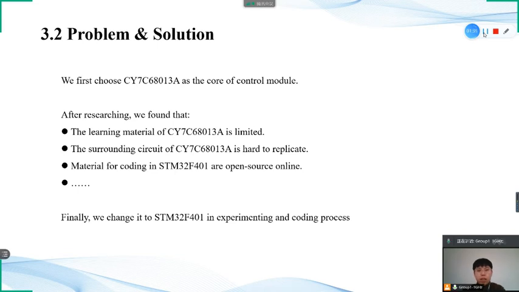And materials for coding in the STM series are open source online. So finally, we changed it to the STM32F401 in the experimenting and coding process.